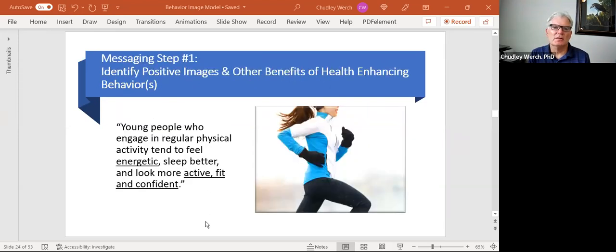And you do this by linking the positive images and outcomes of a health enhancing behavior like physical activity, saying that young people like yourself who engage in regular physical activity feel energetic, sleep better, look more active, fit, confident. Those image terms are underlined. And the other outcomes that are not underlined include sleeping better. So these are both image and non-image benefits.